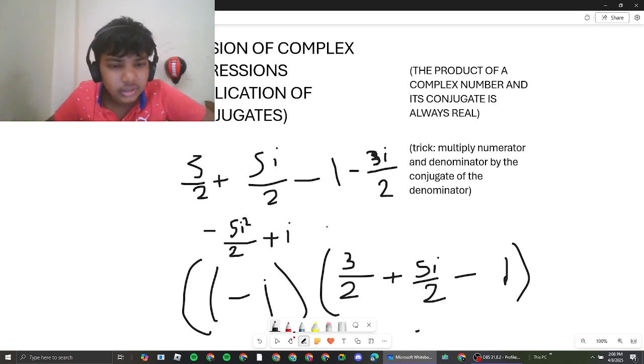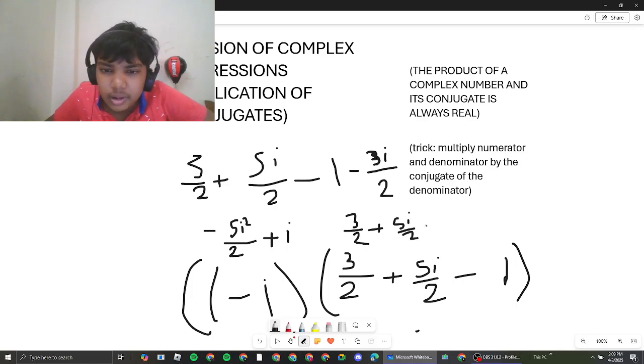If we simplify this, look at 3 by 2 plus 5i by 2 minus 1 minus 3i by 2. Okay, i squared is negative 1, negative 1, negative 1 into 5, negative 5.